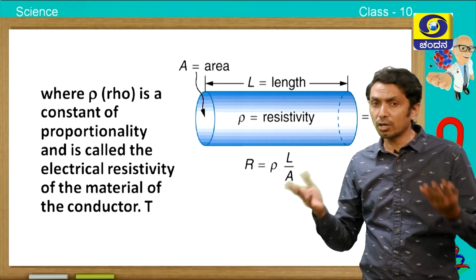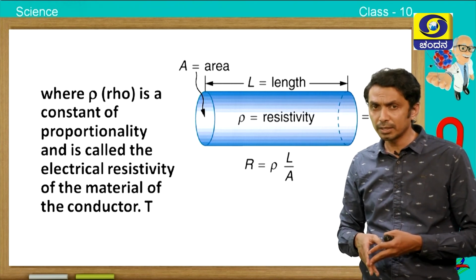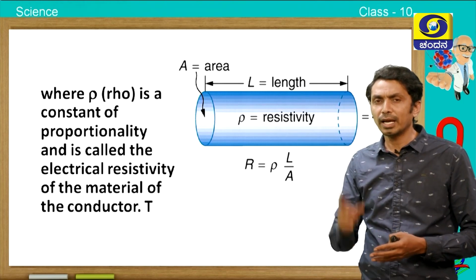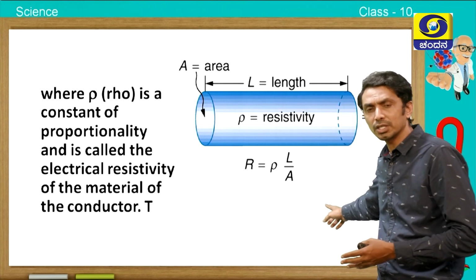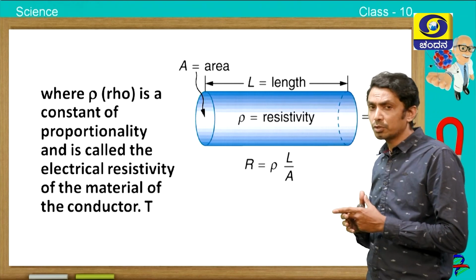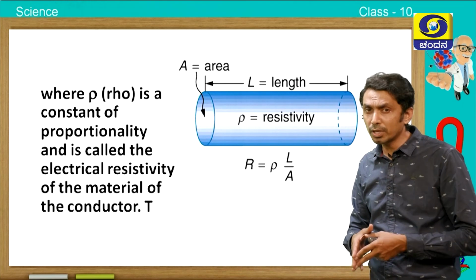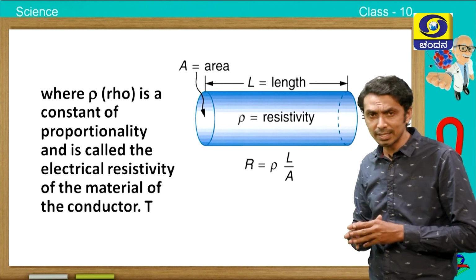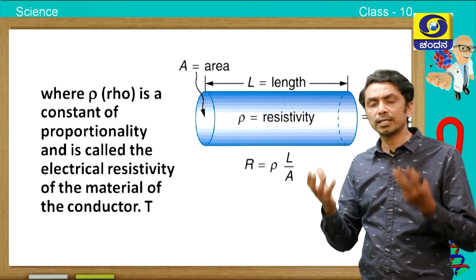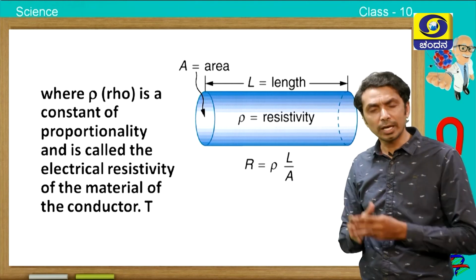Both of them are not of the same length, right? So that is why we should have unit length and unit area of cross section and then compare copper and aluminum to see which has more resistance and which has lesser resistance. This will help us to choose any conductor based on our requirement.